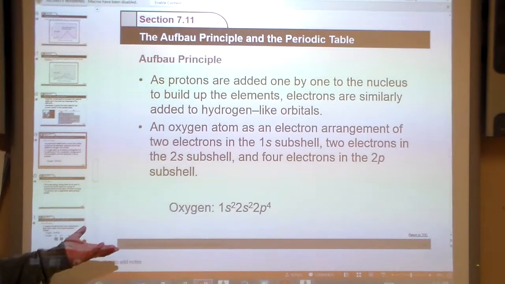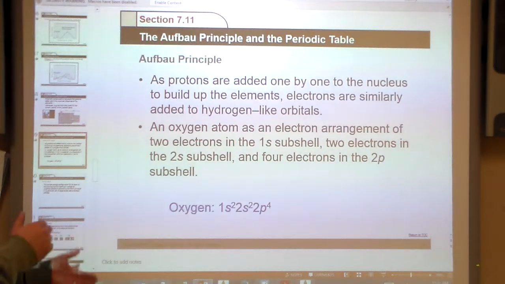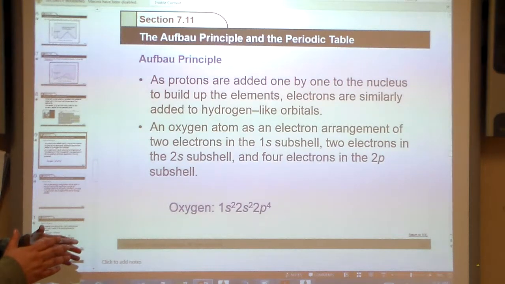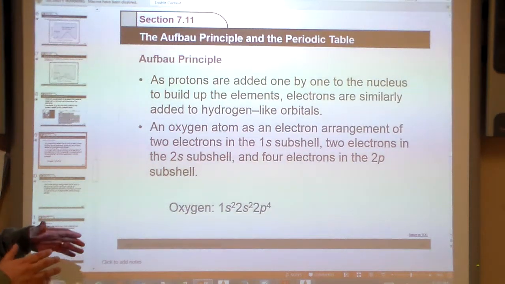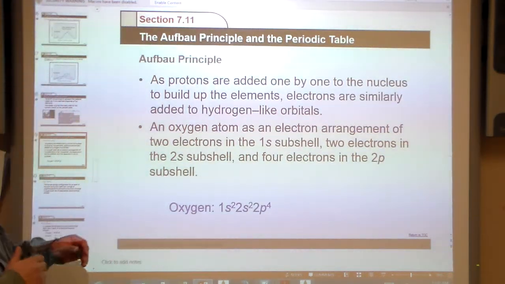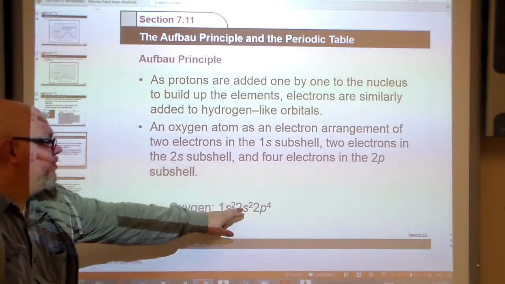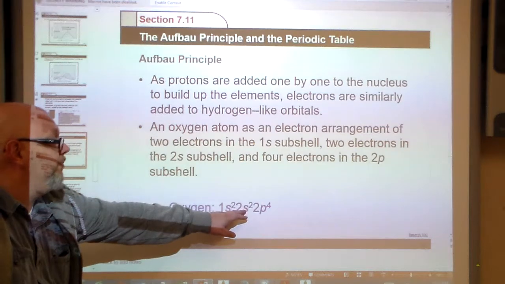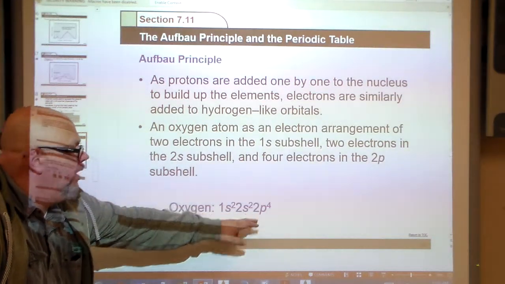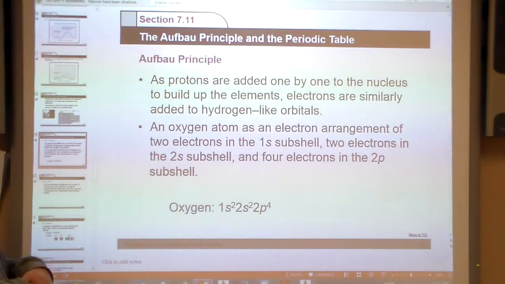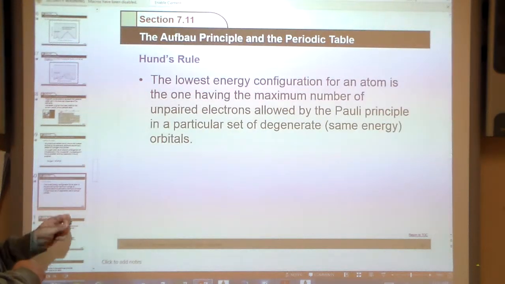So if we look at oxygen as an atom, we have 8 electrons, I'm sorry. You're going to have 2 in level 1, sublevel S, 2 in level 2, sublevel S, and then 4 in level 2, sublevel P. That's the general idea for that.